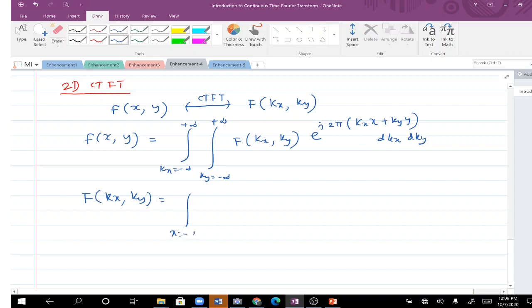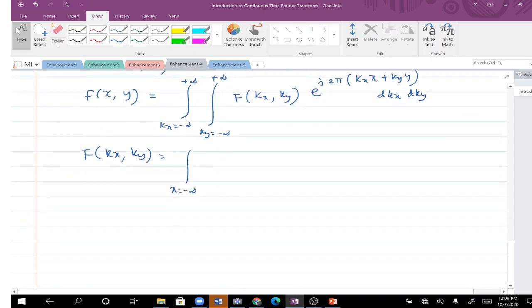You vary x from minus infinity to plus infinity, similarly y from minus infinity to plus infinity. Inside that you have f of x comma y times the exponential of e power minus j into 2 pi into kx into x plus ky into y, integrating with respect to x and integrating with respect to y. Okay, this is a very straightforward extension, as you could see here.